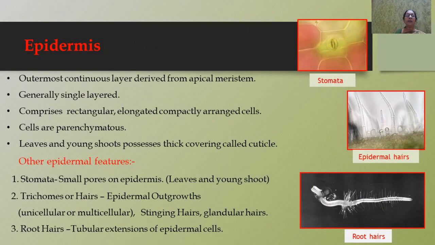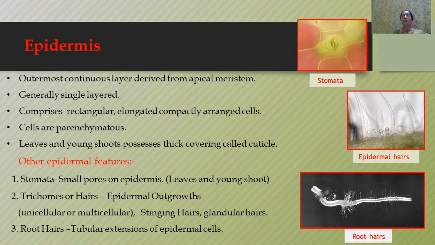Now, the epidermal region. We have seen that the epidermis is the outermost region, and the plant tissues are organized into three layers: the epidermal region, ground tissue, and vascular tissues. The epidermal region, generally developed from the apical meristem, is single layered.